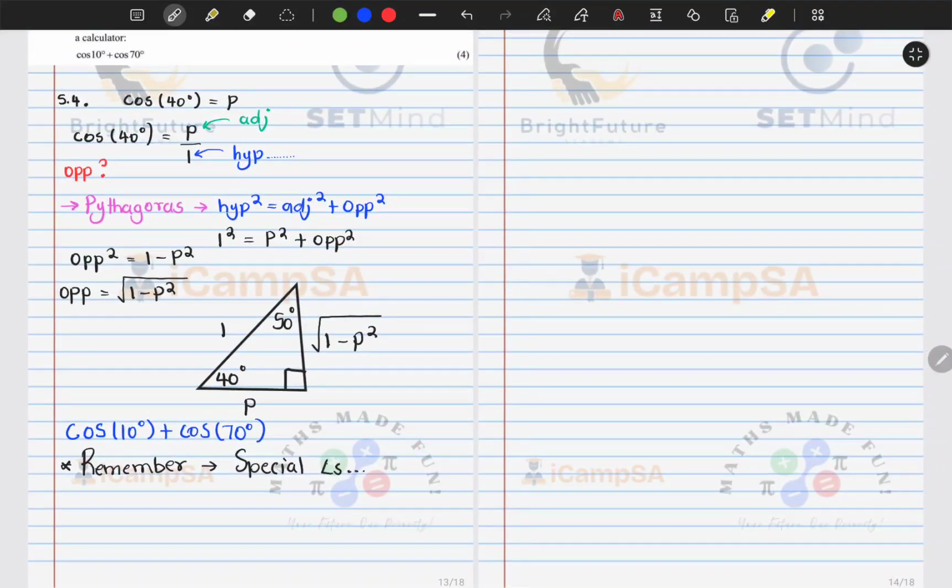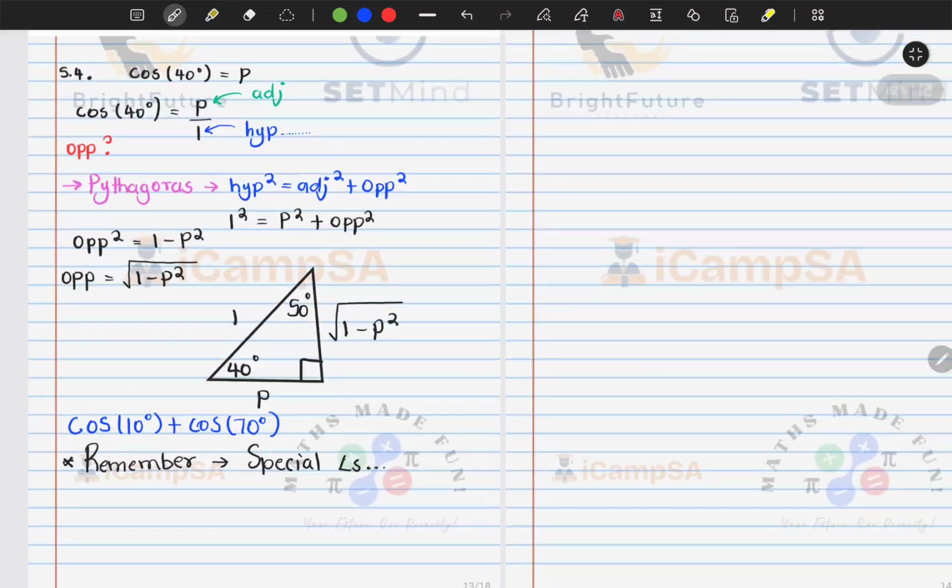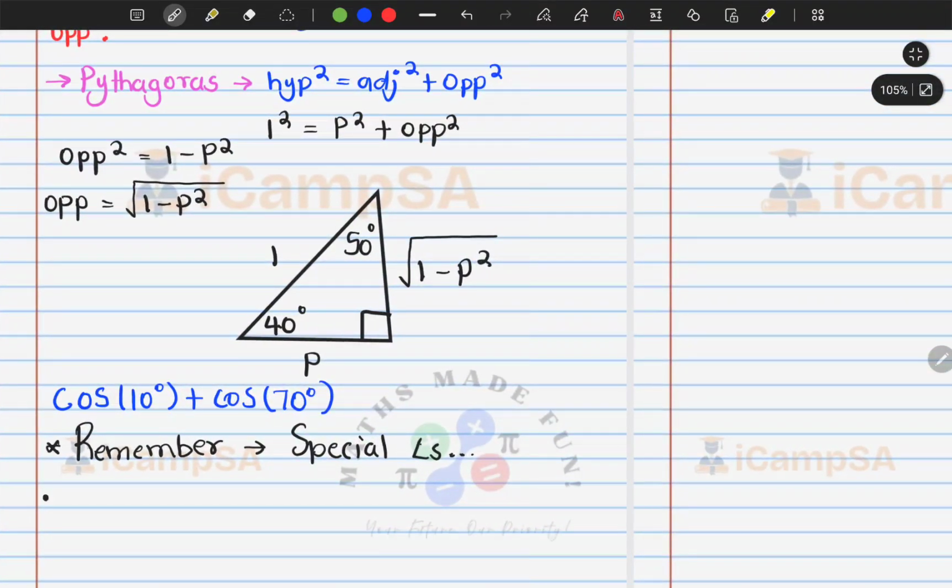When I look at 10, I can see that I can use 30 and 40 to get 10. So wherever I see cos of 10 degrees, I can write this as cos of 40 degrees minus 30 degrees. I've managed to figure this out.